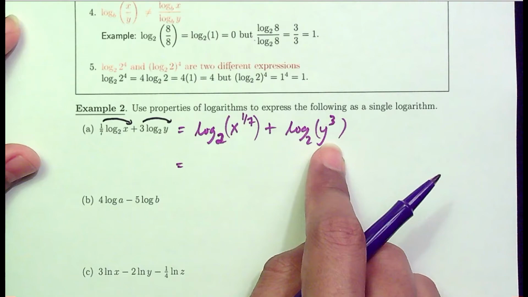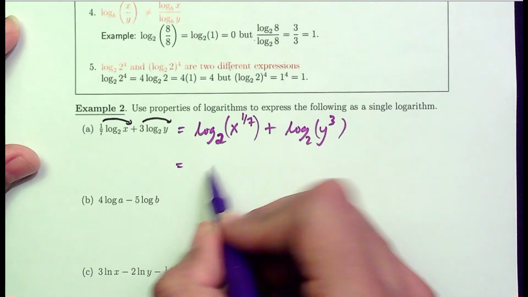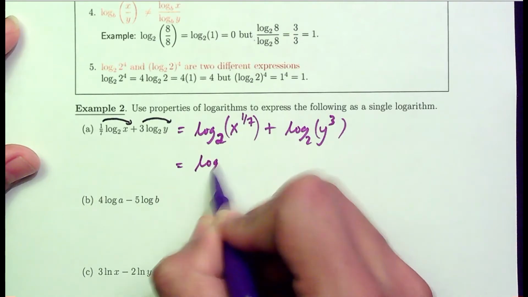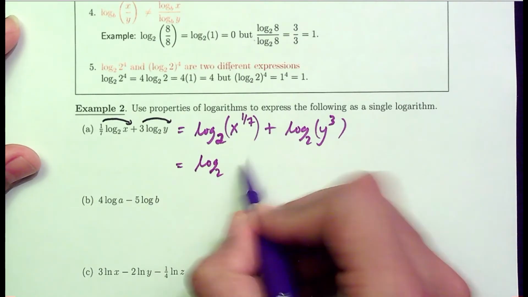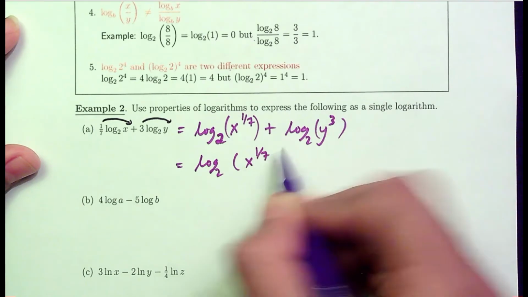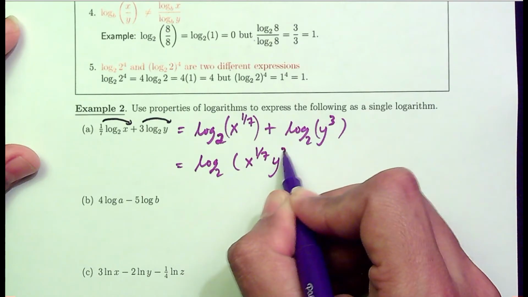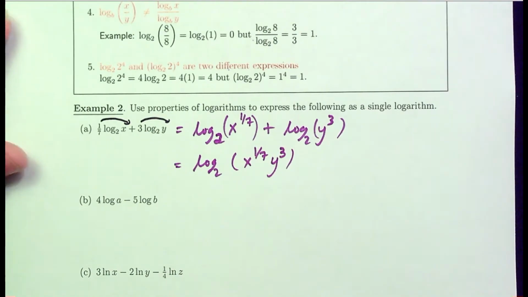Because they have the same base, you combine them by multiplying. So this is log base 2 of x to the 1 over 7 times y cubed, and that's the end.